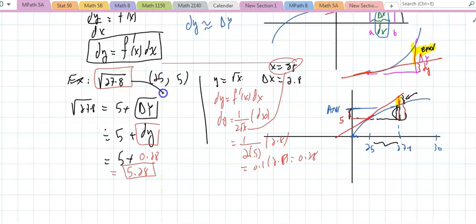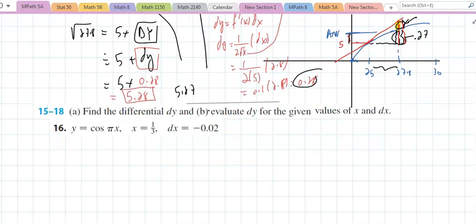So the actual value is 5.27. It turns out that this right here is actually 0.27. I gave 0.28, over by 0.01 because of my rounding, but it's a good approximation if you ask me.